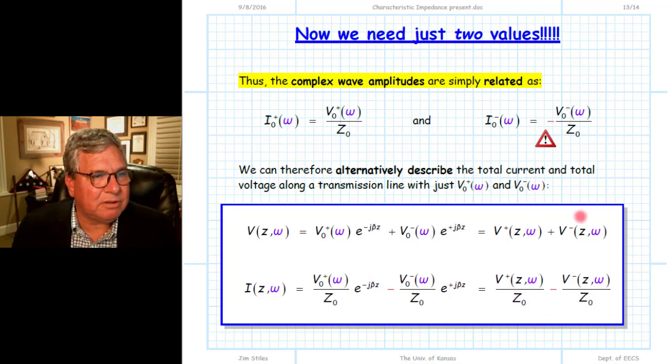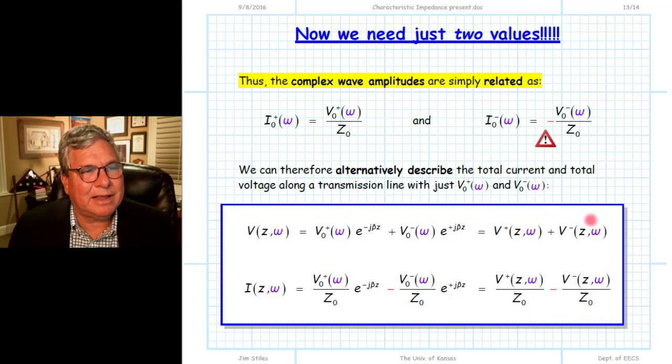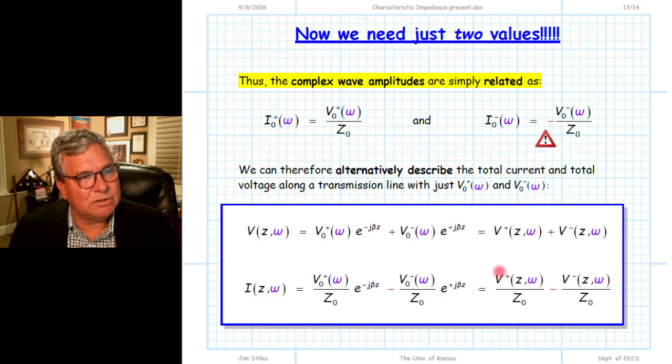And so this is generally how we write the solution to the telegrapher equations. And again, I like writing it in this way, so you'll have to remember exactly the relationship here of V plus, V0 plus times e to the minus j beta z is equal to this function. Don't forget the minus sign that is here.